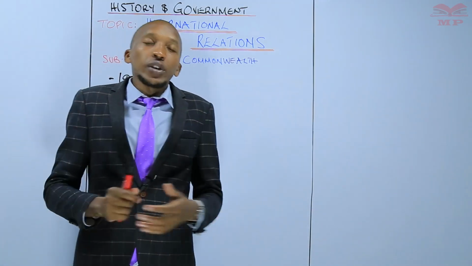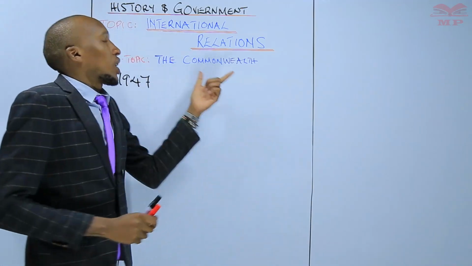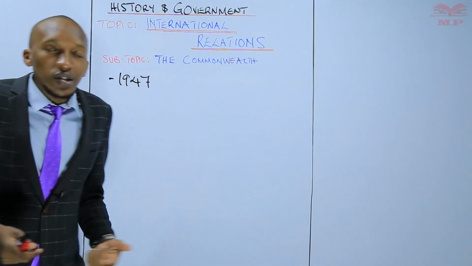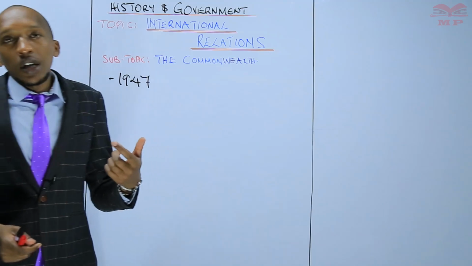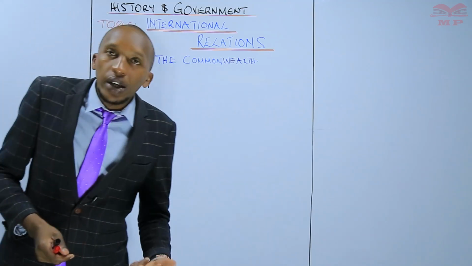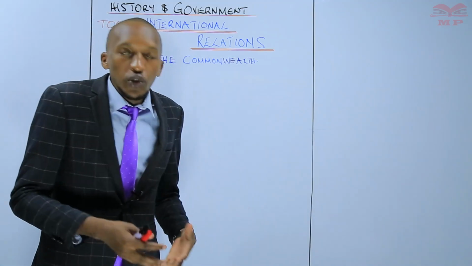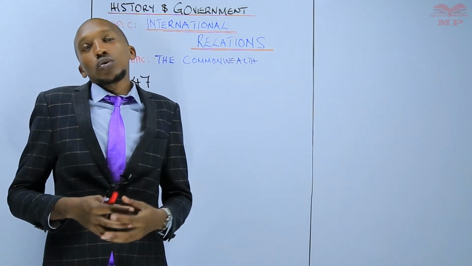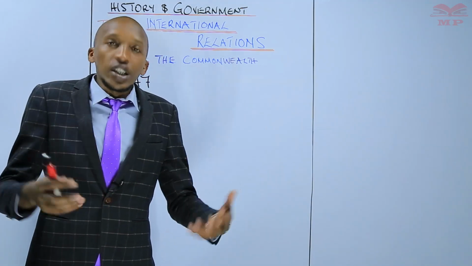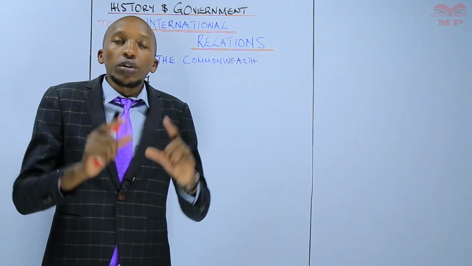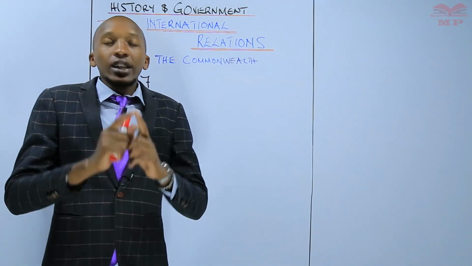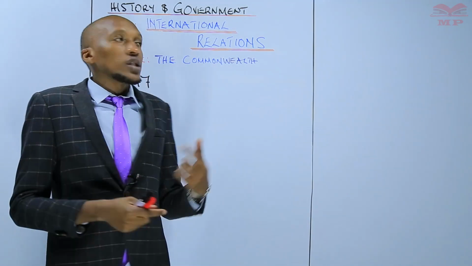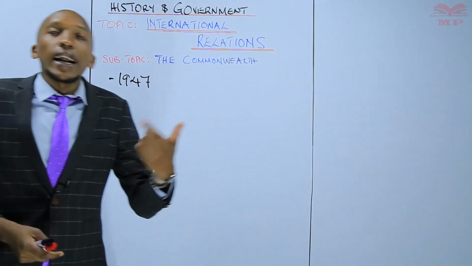So they came together and decided to craft the Commonwealth, so that members who are part of the British Empire could be able to join. Membership was open and free to any country, any state that desired to join this organization.